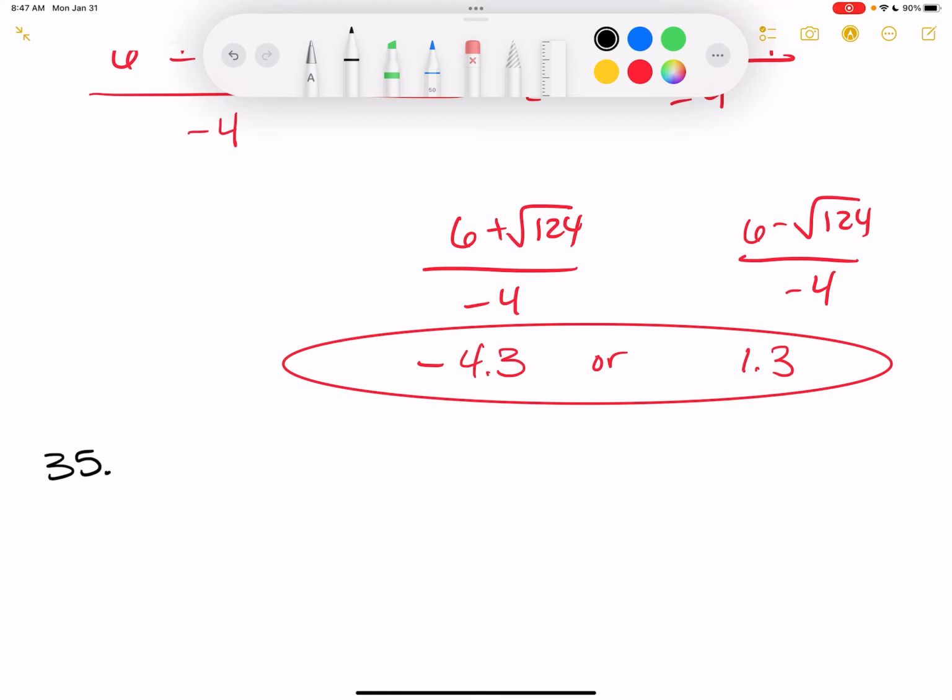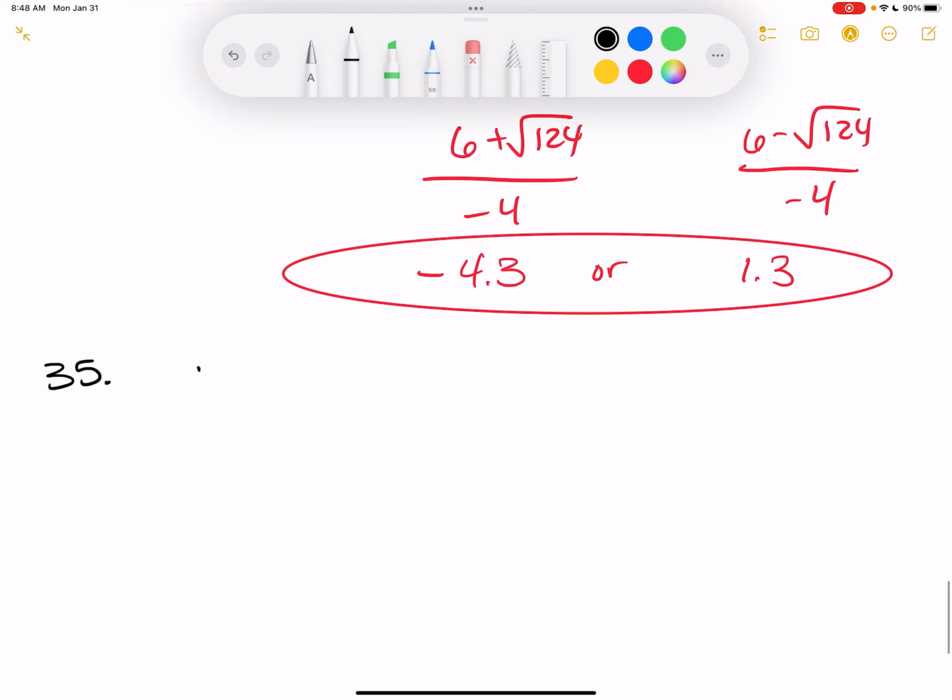Okay. Got it. Consider all rectangles with an area of 182 feet squared. Let x be the length of one side of such a rectangle. Express the perimeter as a function of x. So we're told that the area is equal to 182 feet squared.